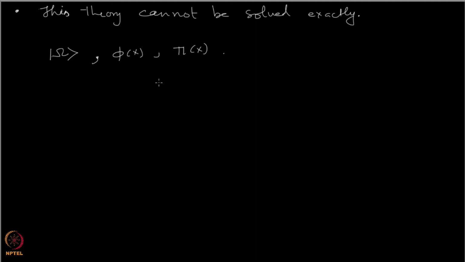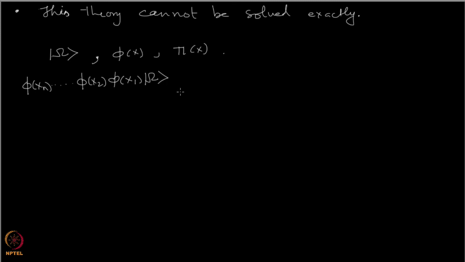You can take your operator phi or pi and hit on the vacuum to create some new state. Or you can hit twice to create another state, and so forth. You can hit this n times. Those are the states that you can create in this theory.